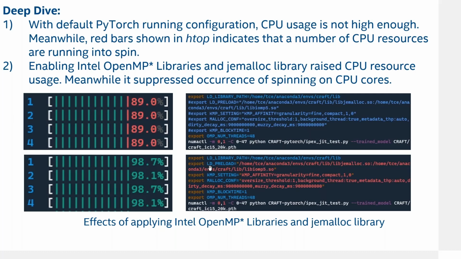After applying these libraries and running with PyTorch, the CPU usage rose to around 100%, and we don't see the red part in this run, which means the execution efficiency is much higher than before.